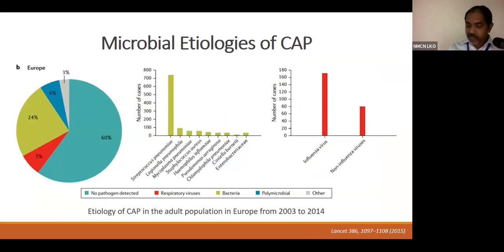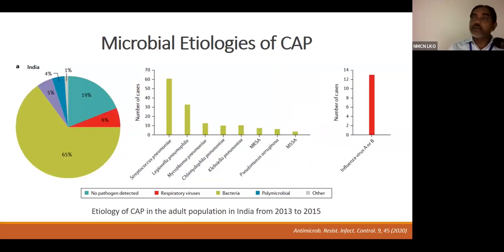Europe has an almost similar pattern, but in contrast to the USA, bacteria are more commonly demonstrated as the pathogen after no pathogen identified. And in India, the condition is different: only 6% is found due to respiratory viruses, and 65% is because of bacterial infections.